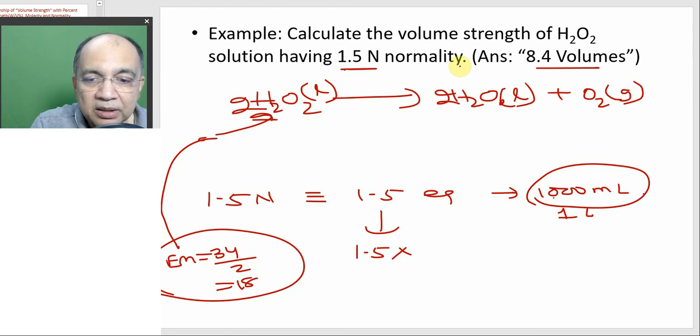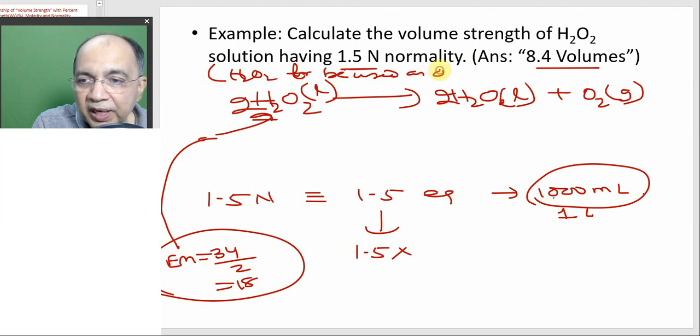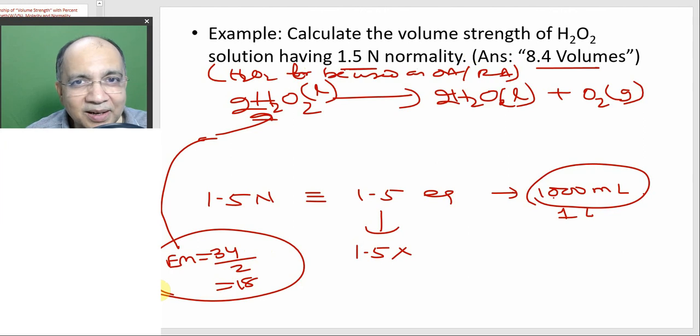In that case, you take 34 by 1, 34, if it is disproportionation. Therefore, I am stipulating here that H2O2 is to be used as an oxidizing agent or reducing agent, not in a self auto redox or disproportionation reaction, right?